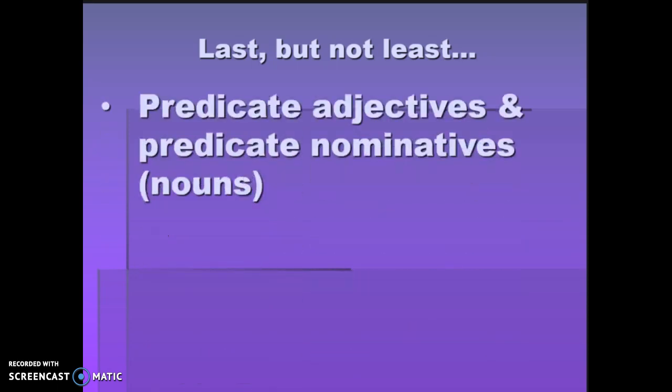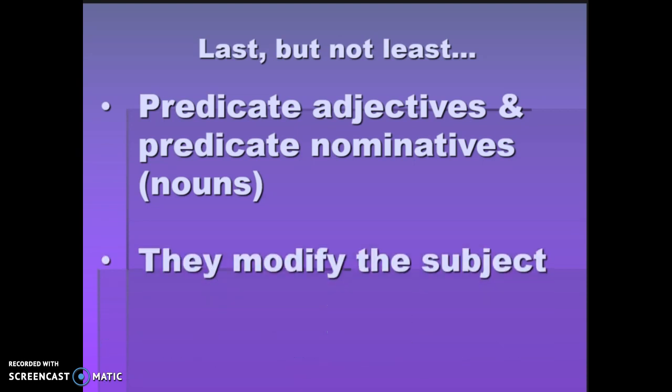Finally, last but not least, 2 different terms that are probably new to you. They are called the predicate adjectives and the predicate nominatives, and I put the word nouns there in parentheses. That's what nominative really means: there are nouns that happen at the end of the sentence, which is what the predicate is. Both of these modify the subject of the sentence, so we're always looking back towards that subject.